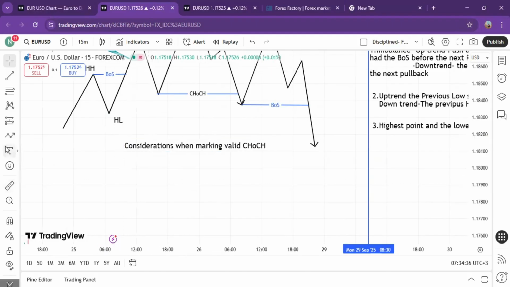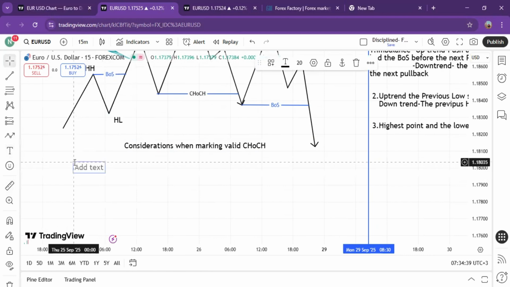So, one, when marking valid change of characters, we want to see the market break either the previous low or the previous high with a body and not a wick.